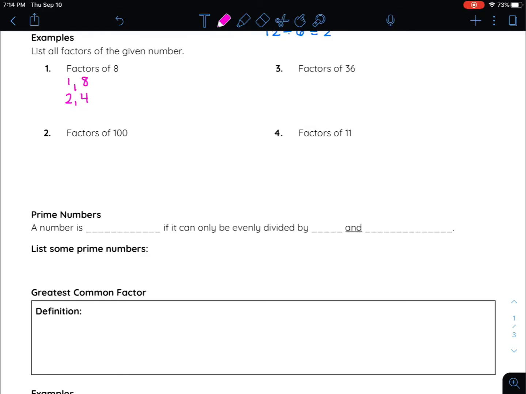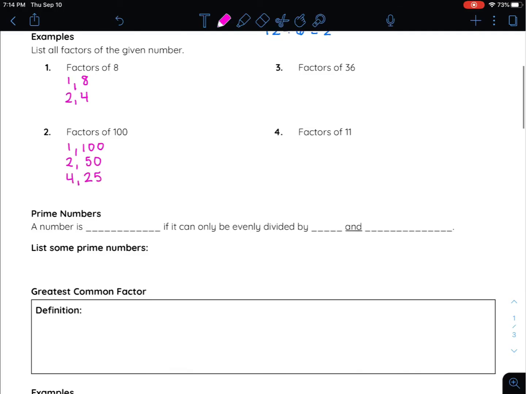How about 100? 1 times 100, 2 times 50, 3 doesn't go in, 4, think about quarters, so 4 times 25, 5 goes in, it's actually 20 times, 6, nope, 7, nope, 8, nope, 9, nope, 10, and 10. And then you can see it kind of wrapped around. So like if we were to list this underneath, it wraps around.